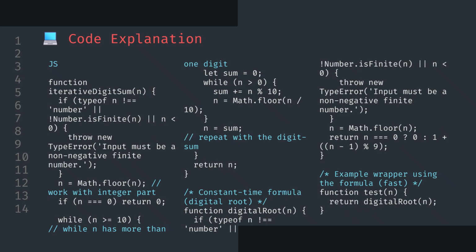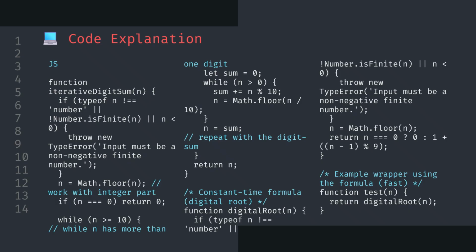Here are two idiomatic solutions. The iterative digit sum explicitly sums digits by repeatedly extracting the last digit with modulo 10. Easy to follow and perfect for stepping through in a debugger. Digital root uses the mathematical shortcut.